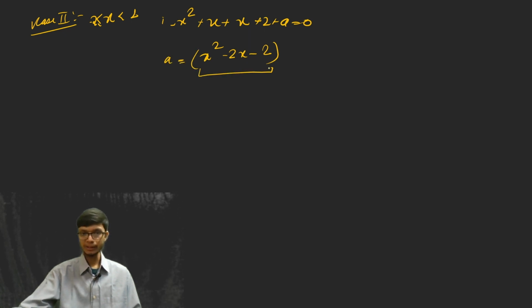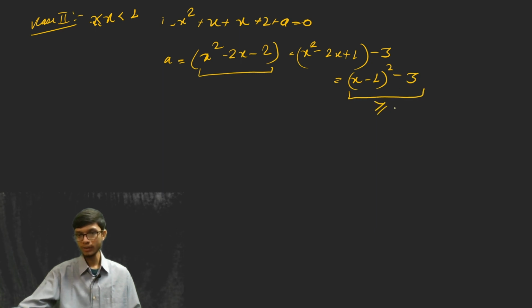Now I can express this function as x square minus 2x plus 1 minus 3. That means this will be x minus 1 whole square minus 3. So this value will obviously be greater than or equal to minus 3. That means for having exactly one root, a must be in the range of minus infinity to minus 3.